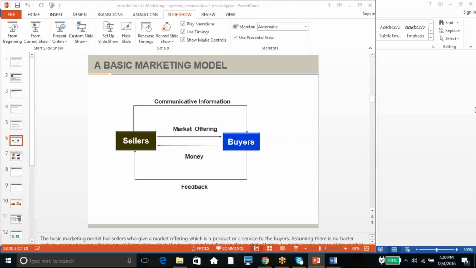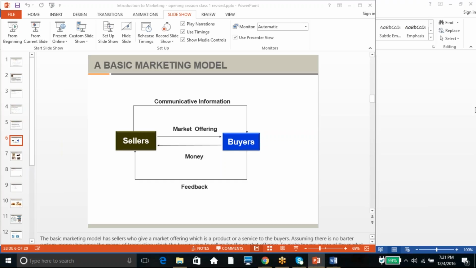So you need a buyer, you need a seller, you need some product that the buyer needs and the seller is willing to give. Once the buyer gets that, the transaction is completed by giving in return money. The buyer comes to know that the seller is giving this product by the information that the seller is giving out to the market.